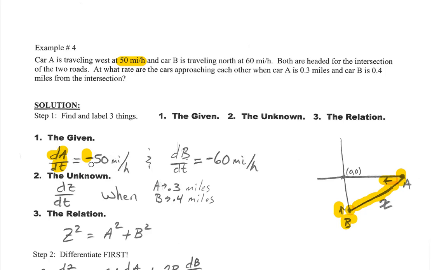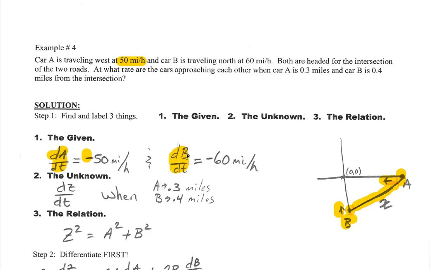And the reason I've chosen to do that is because at the origin, when A is to the right of the origin, heading towards the origin, it is traveling, so to speak, in a negative direction. So because of the way I chose to set up this diagram, car A is traveling in this negative direction towards the origin. The same is true for car B.